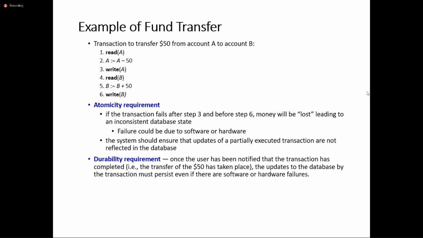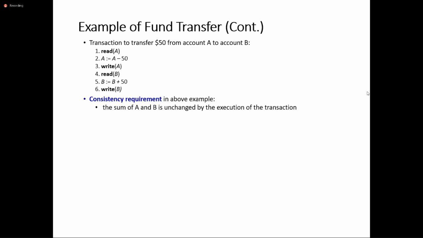The durability property guarantees that once the transaction completes successfully, all the updates that were carried out on the database persist. If the transaction is successful, then all data items are updated. That's the durability requirement.